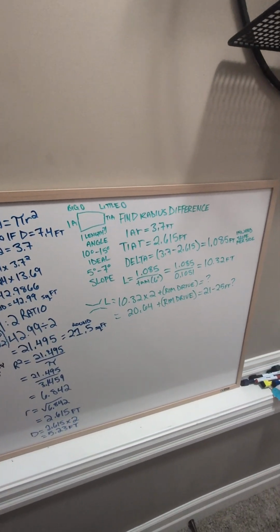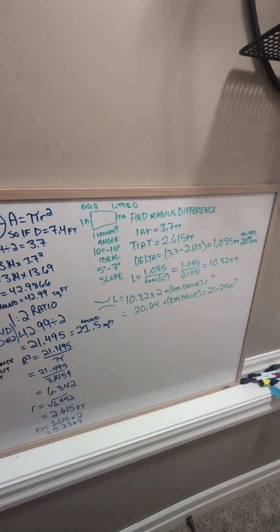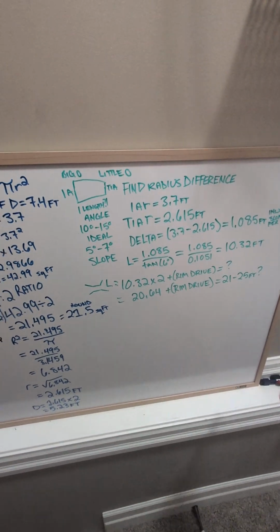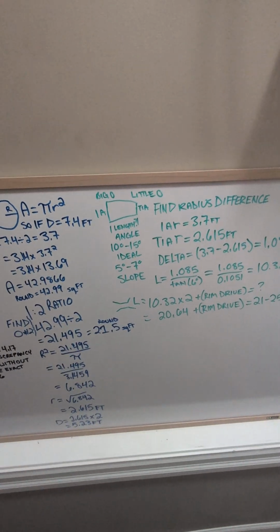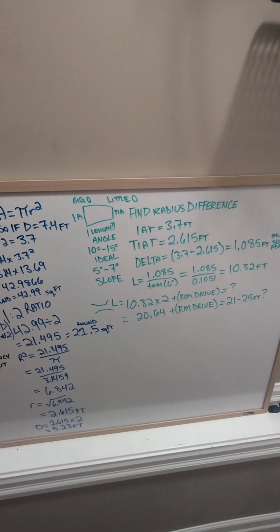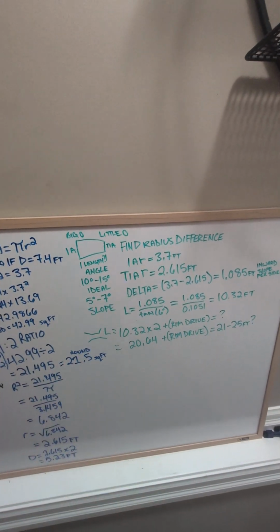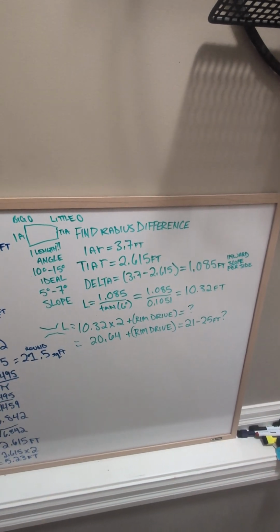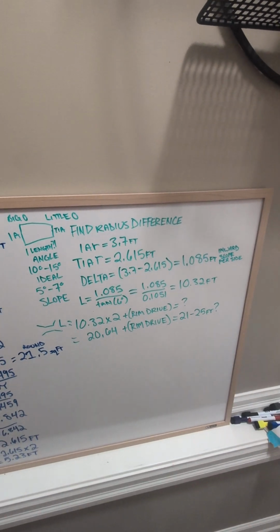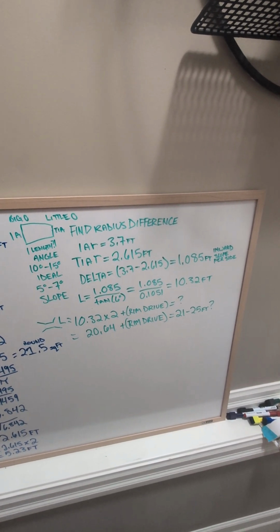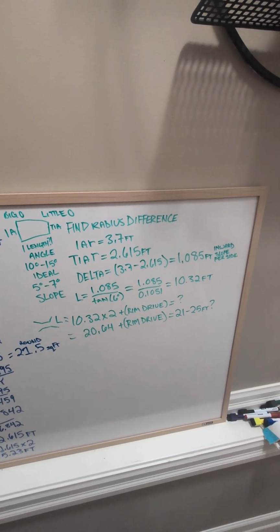Okay, so moving on from there. We want to figure out the length. So we take 1.085. We divide it by tan of 6 degrees, which is our ideal that we want to go for. So the tan there is 0.1051.